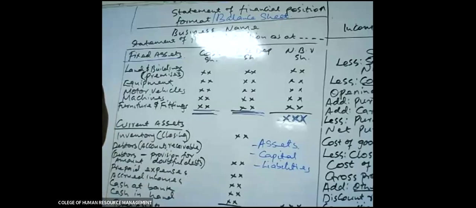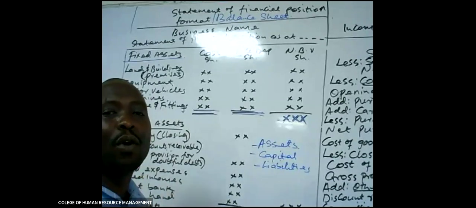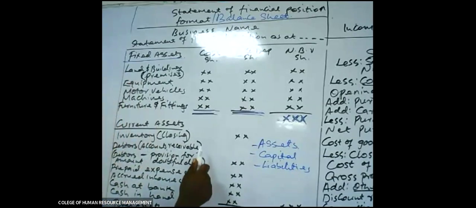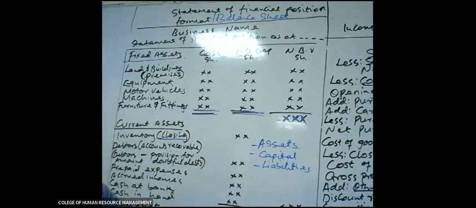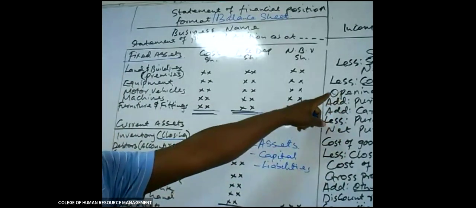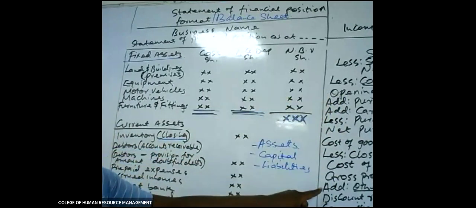Then you ask yourself, do we have current assets? These are the assets that are going to be in the business for a very short period of time, a period of time that will not exceed a financial year. They will not be in the business for more than 12 months. Inventory, and here I have highlighted, always use the closing inventory, because here in the income statement we have the opening and the closing inventory.